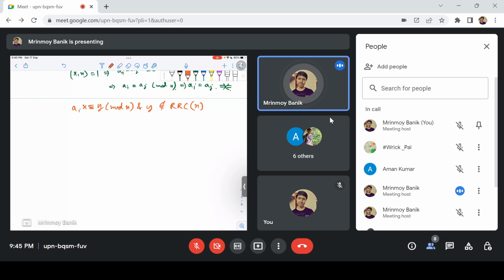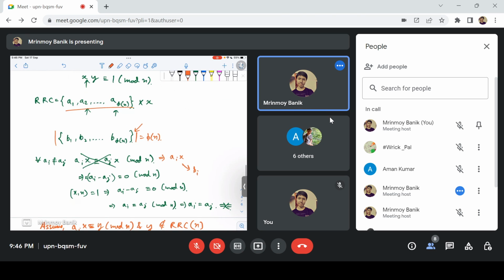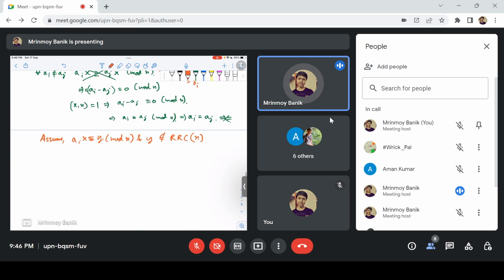So if that happens, what is the definition of the reduced residue class? So they are all the numbers which are less than n and relatively prime to n, right?